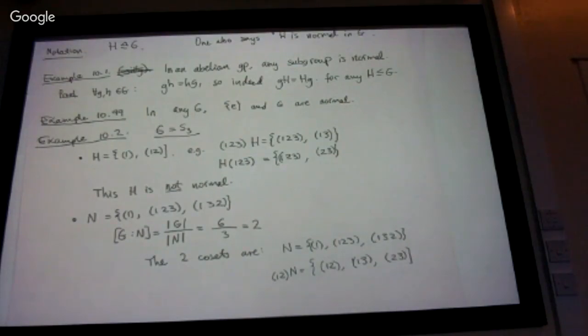So any of them will do. These are the left cosets, but they're also the right cosets, because how could it not be? Okay, so this is normal.